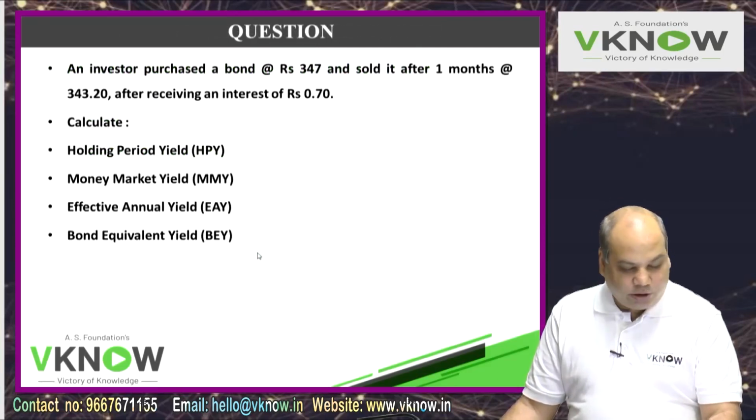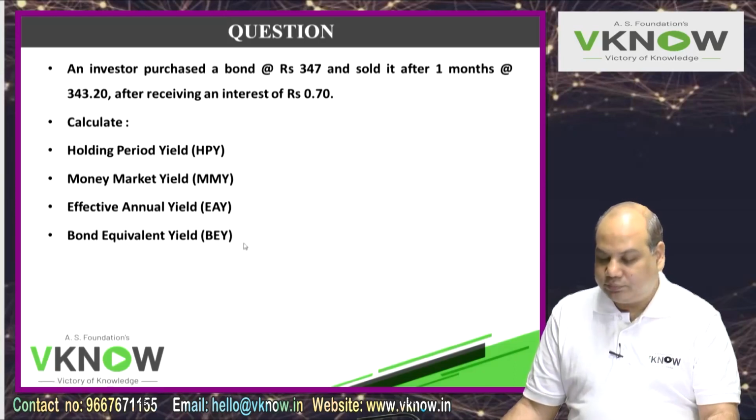Next question number 21, I will make you do one more practice. An investor purchased a bond at rupees 347 and sold it after 1 month at 343.20, after receiving an interest of rupees 0.70. Calculate HPY, MMY, EAY, BEY. Now this is a problem of 1 month, and in this problem there is going to be capital loss.